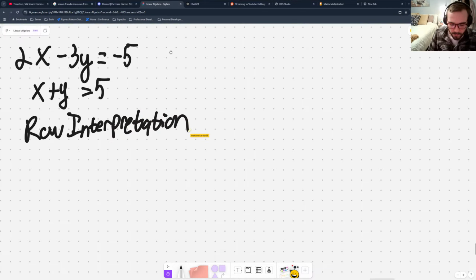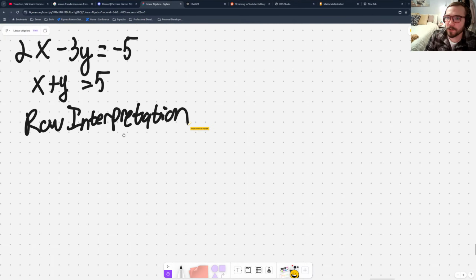This is pretty much what we did in Algebra 1 and 2, where we can think of these systems as lines on a graph in the XY plane. And we can think of the solution to these systems as the point where the two lines cross.